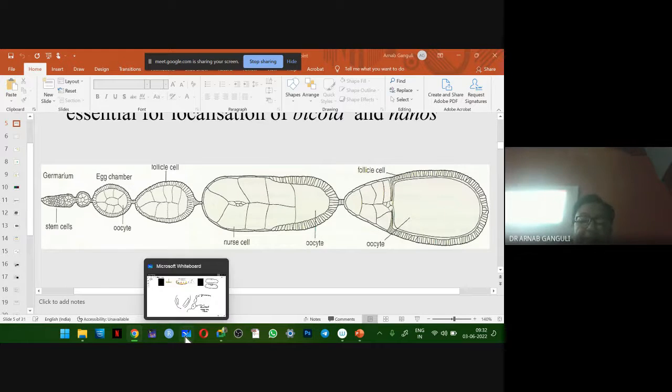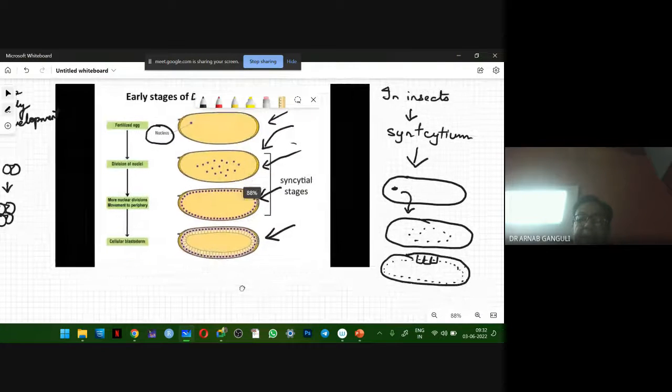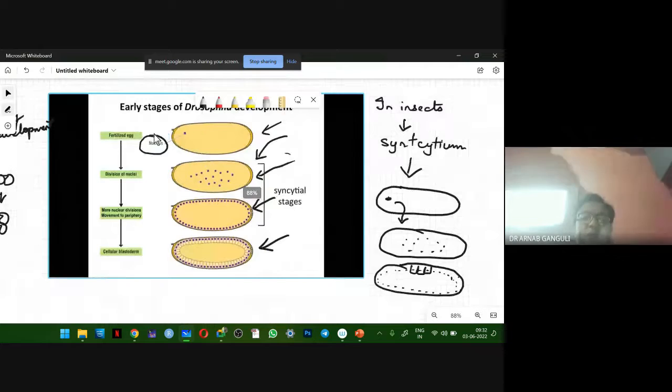And in the development, as you can see in this picture, this is the fertilized egg. And this single egg divides.